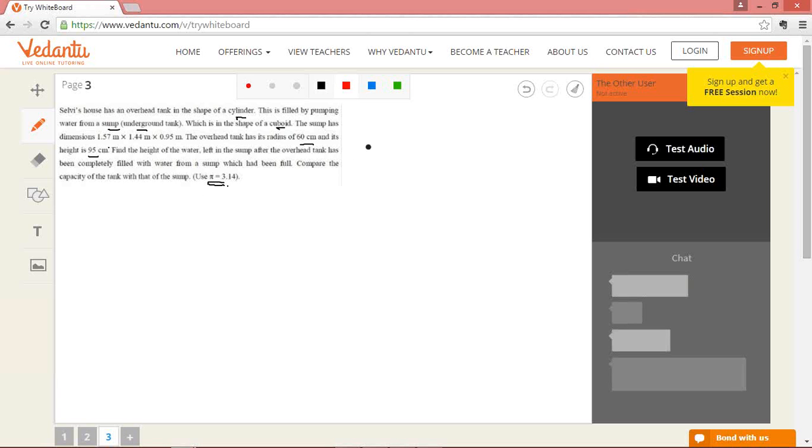So here is the sump. Sump is in the form of a cuboid. This is a rough diagram. Rough diagrams always help you to visualize what is happening and what is required and how you can proceed with the calculation. So the overhead tank in the shape of a cylinder has height 95 centimeter and radius 60 centimeter.